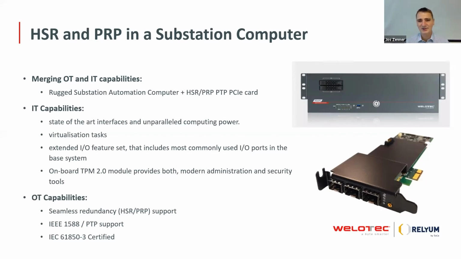And the whole solution, which is very important, works at temperatures from minus 40 to plus 70, 75 degrees, and is fully IEC 61850-3 certified for EMC, temperature, shock, and vibration, and so on.